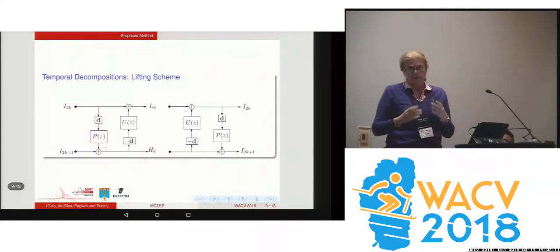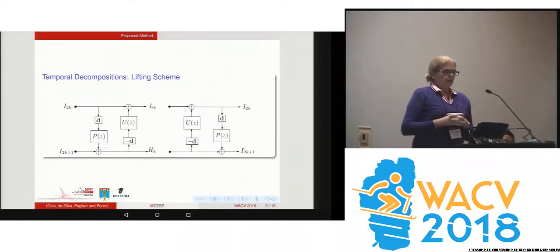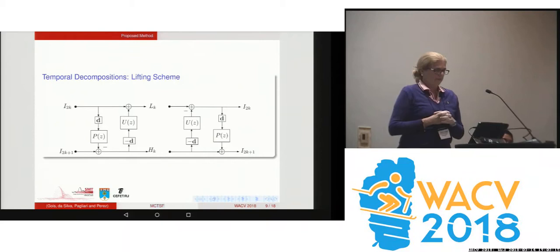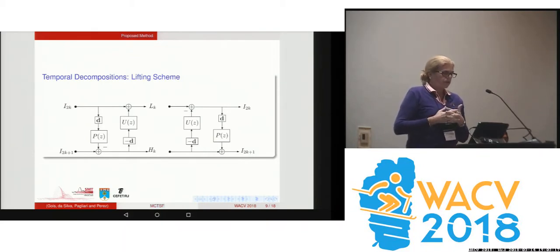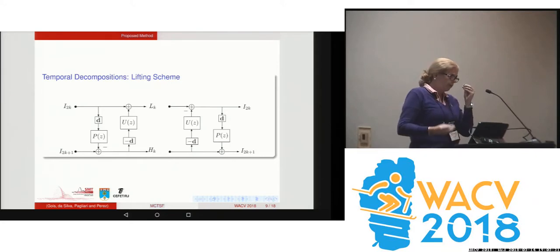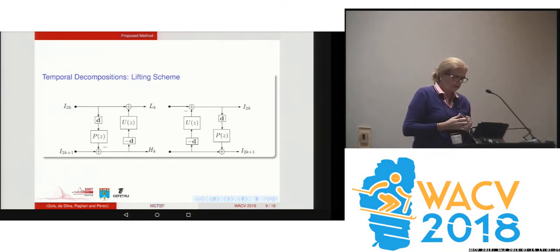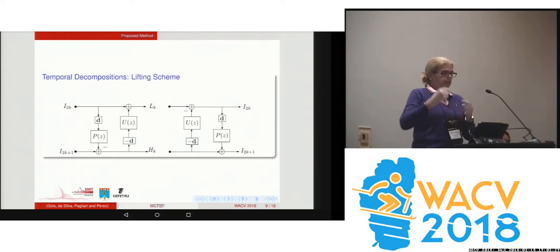That's a very, very simple fusion rule, not to mask our scheme. And for the temporal decomposition, we use the lifting scheme to allow perfect reconstruction. So we do the prediction step, the P, and the update step on the odd and even sequences, which are the odd and even frames.